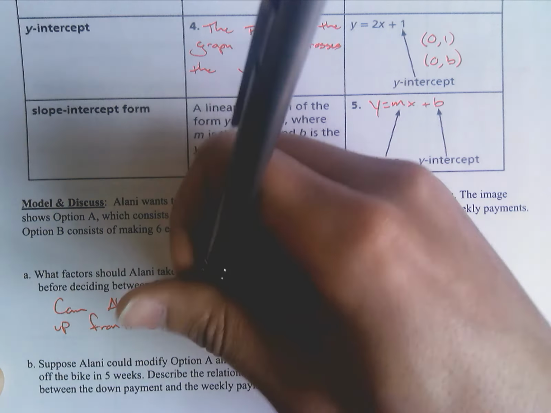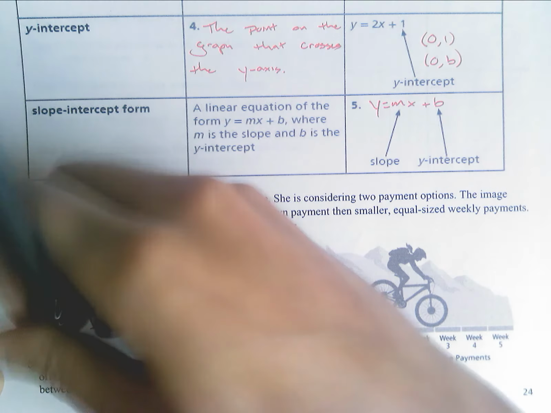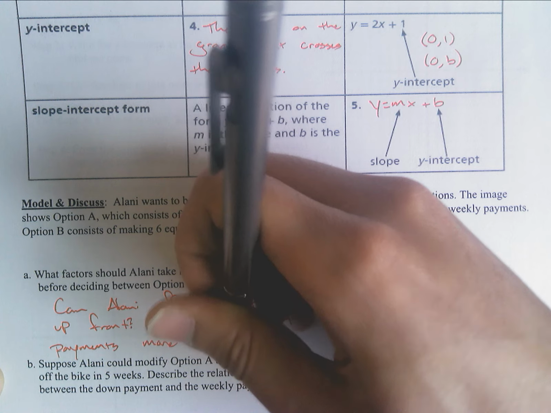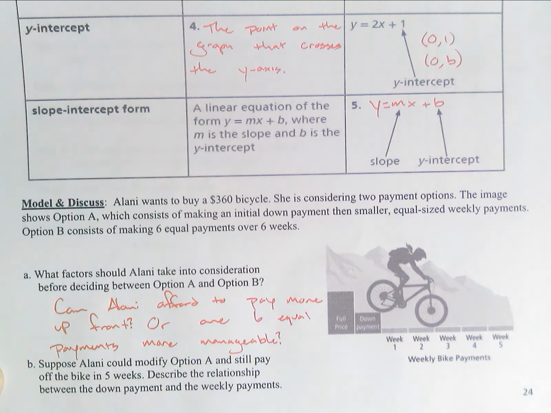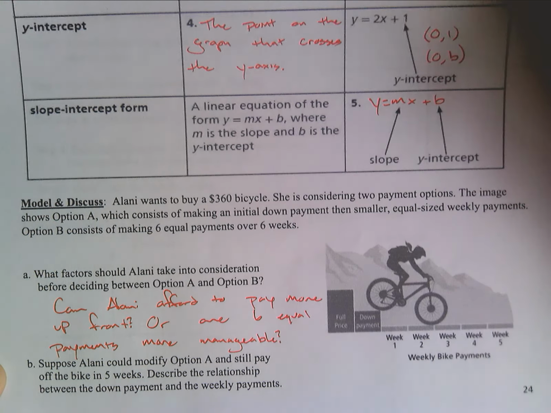Or are 6 equal payments more manageable? So these are some factors that Alani must consider. Can she do the upfront payment and then she'll have smaller weekly payments? Or should she just do 6 equal weekly payments?